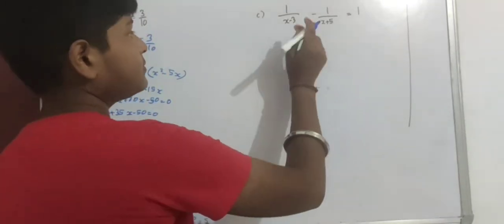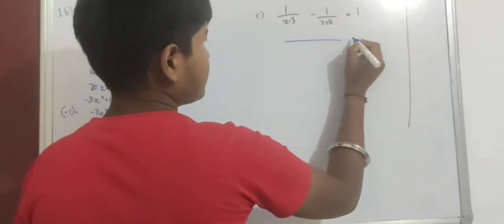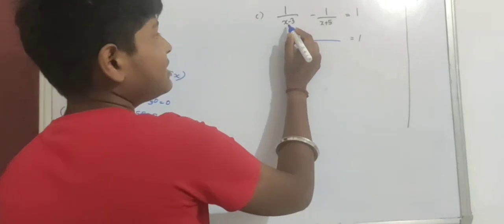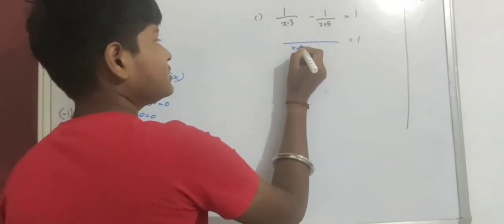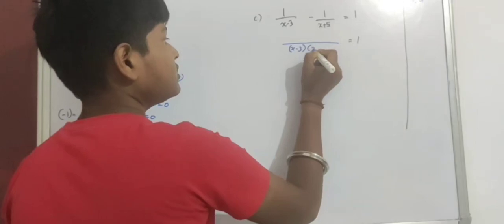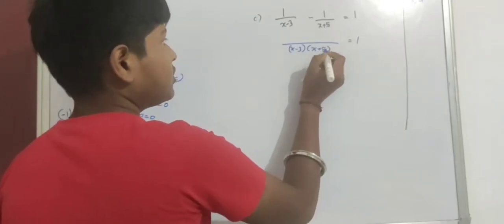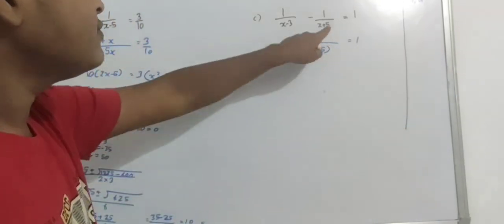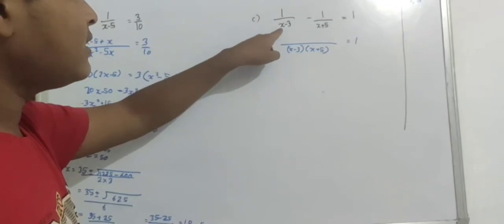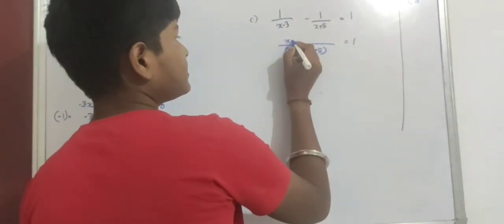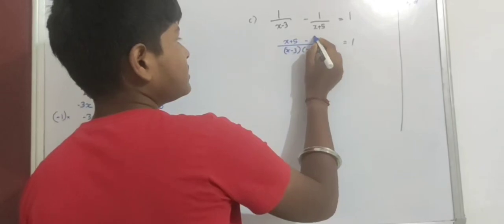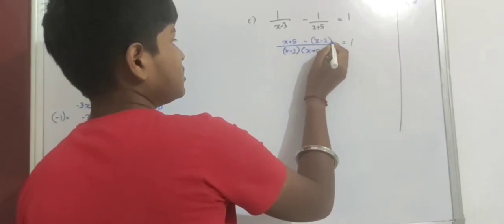Take the LCM. Equals 1, x minus 3 into x plus 5. Now on the above side we have x plus 5 into 1 and x minus 3 into minus 1. So you have x plus 5 minus x minus 3.